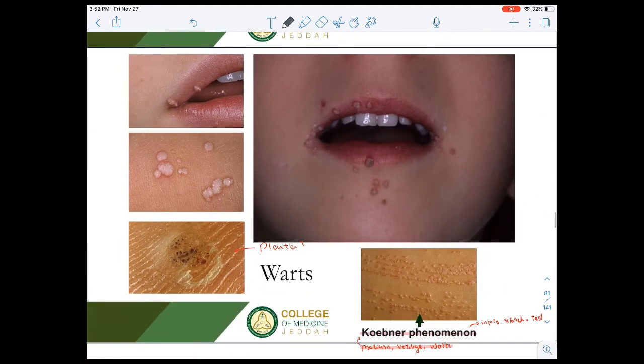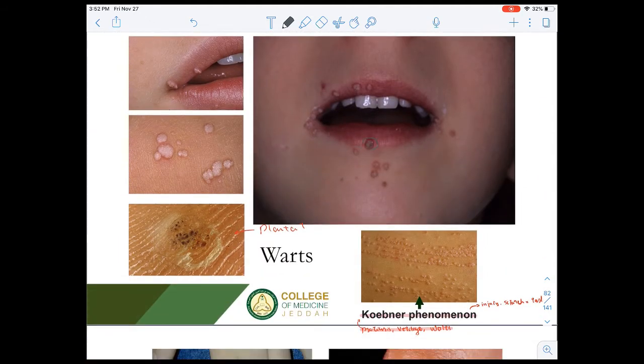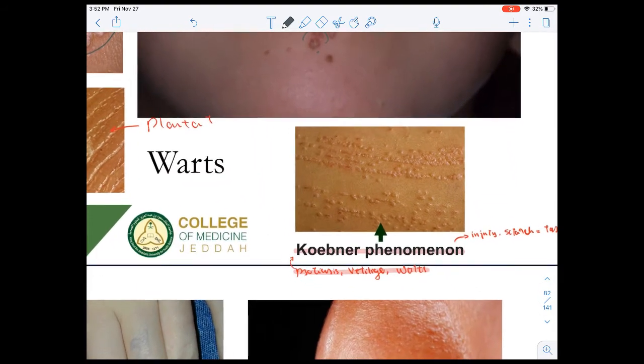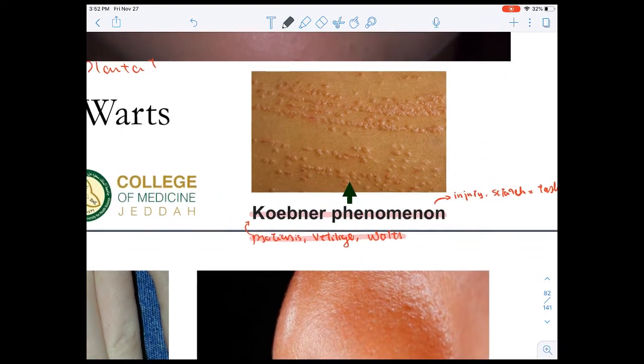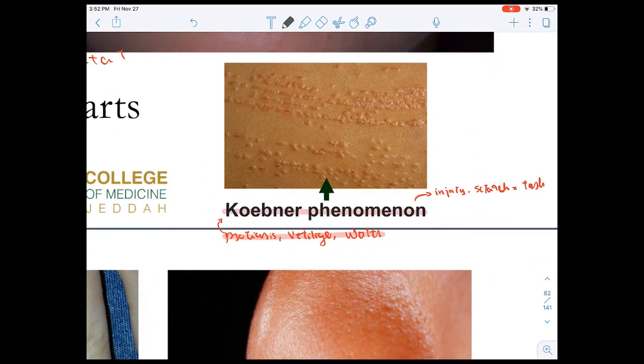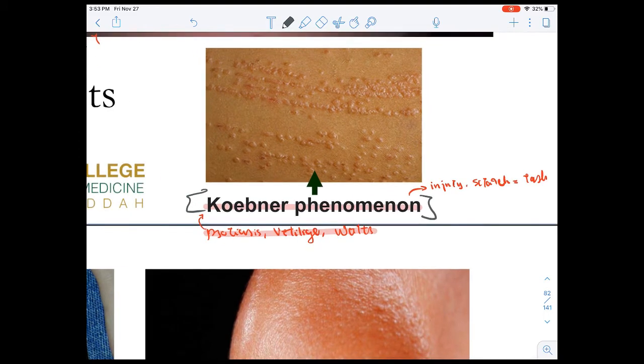So here we can see the warts, and again, all of these are warts, of course. And something interesting about this condition specifically is the Koebner phenomenon. And this Koebner phenomenon is not really specific for warts. So we can also observe it in molluscum contagiosum, we can see it in vitiligo, we can see it in warts. And what happens in the Koebner phenomenon is that when you scratch the surface, right?